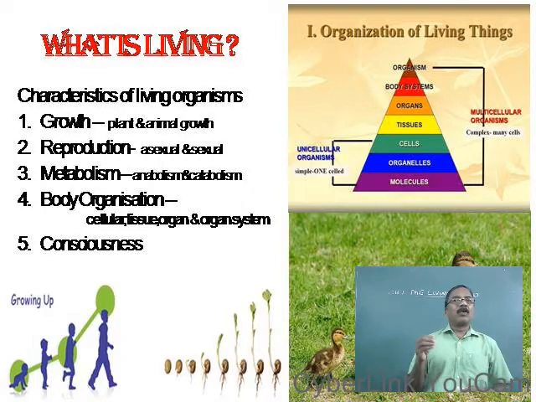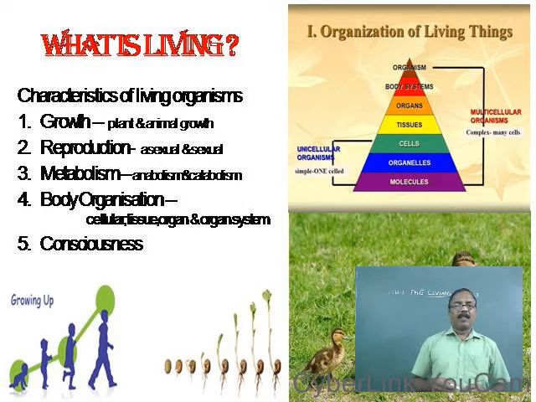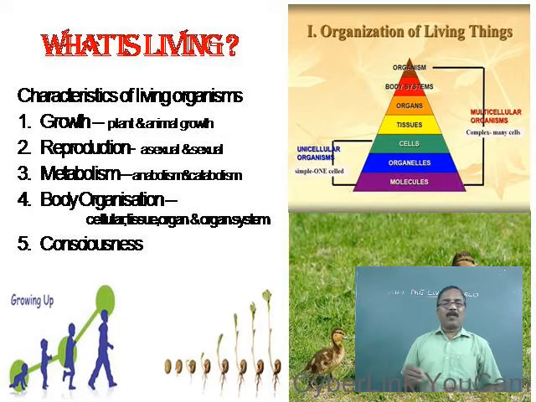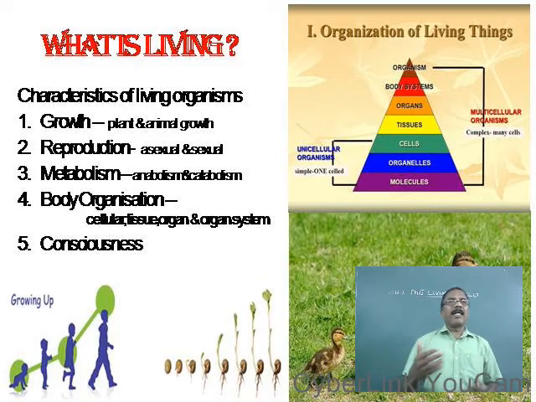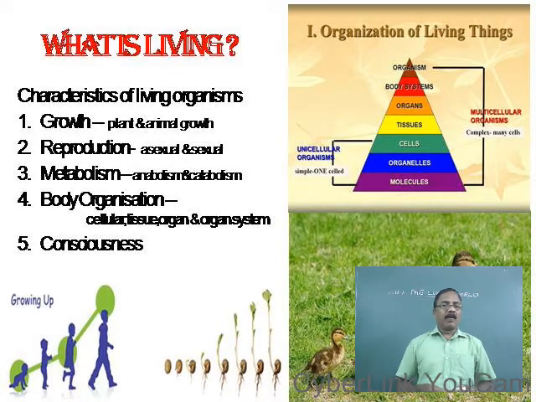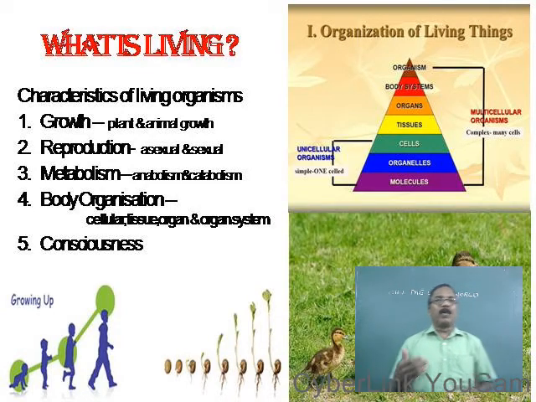Let us go through these characters of living organisms. The list that you can make will be so lengthy. Let us identify only some of the important characters. The rest you can add by yourself.